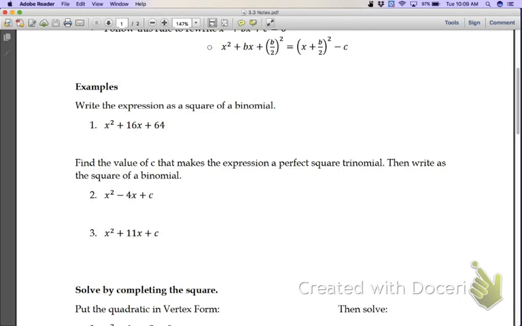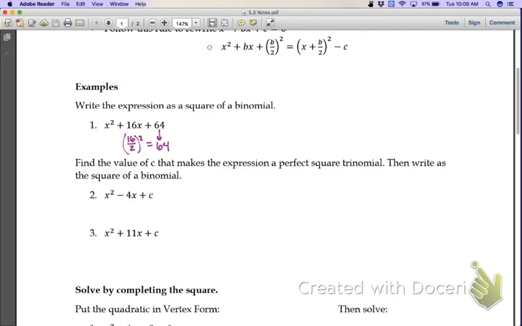An easy way to check if it's a perfect square is to take 16, divide it by 2 and square it; if it's the same as my back number, then it's going to be a perfect square. Is 16 divided by 2 and then squaring it 64? Yeah, because 8 squared is 64.